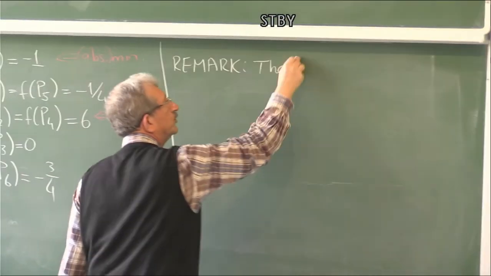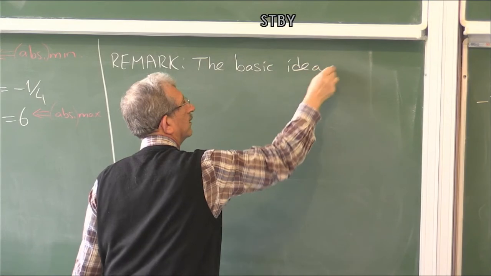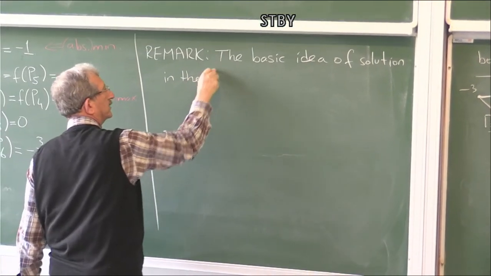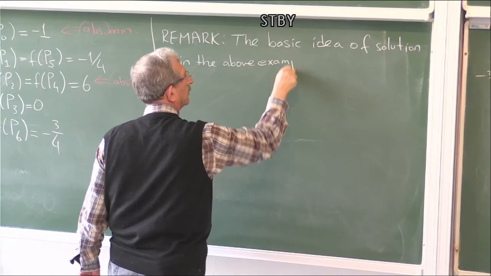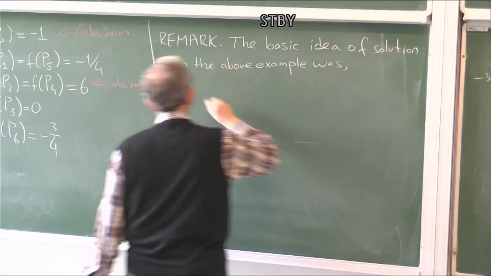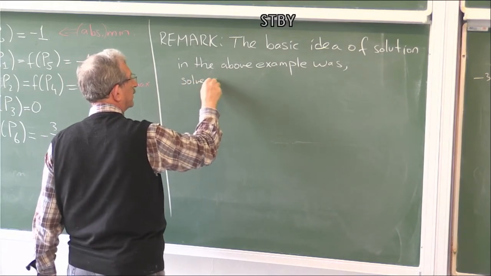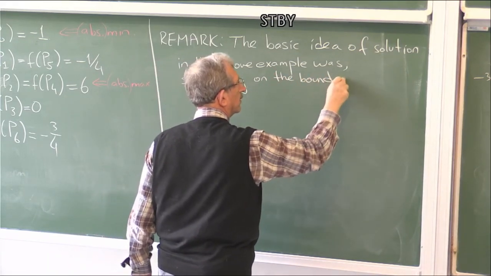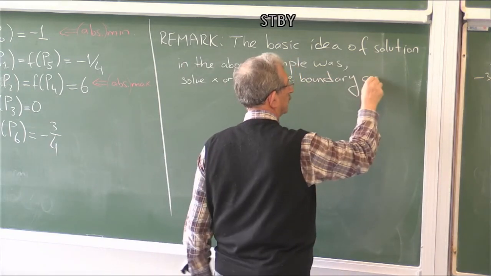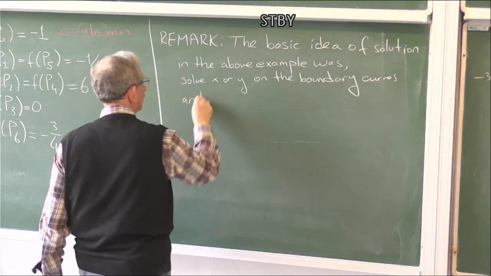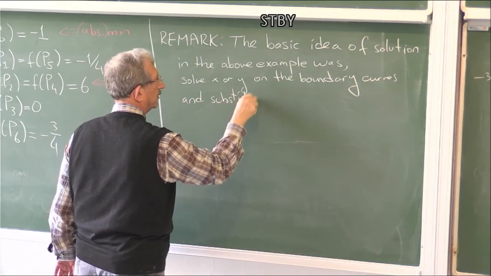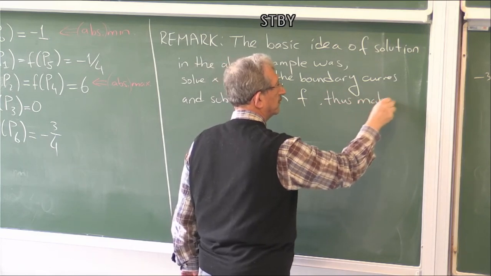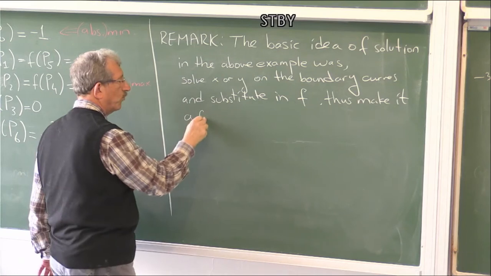So, the remark is that the basic idea of the solution in the above example was to solve for x or y on the boundary curves and substitute in f, thus making it a function of one variable.